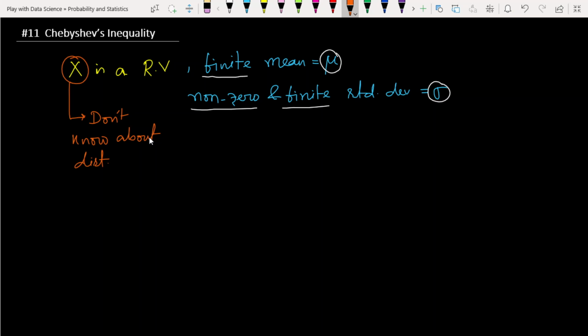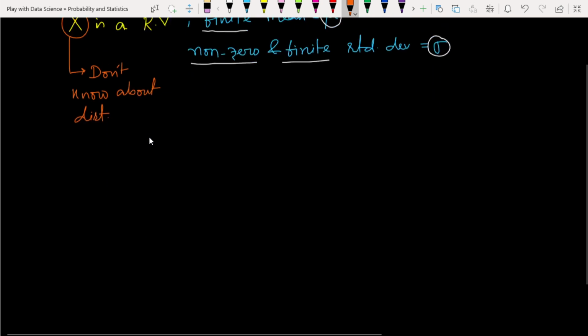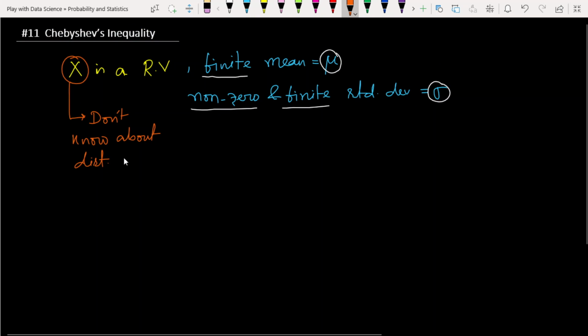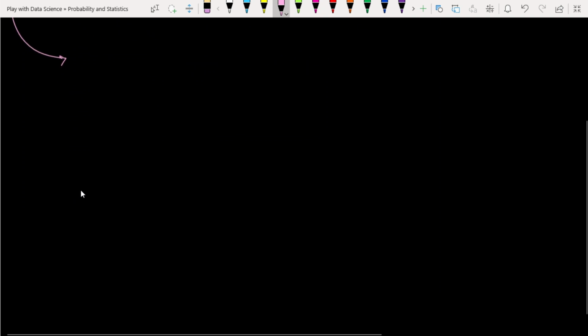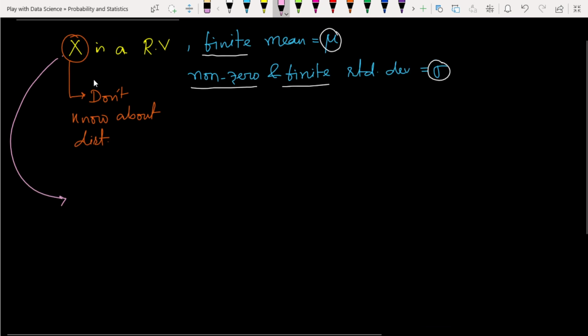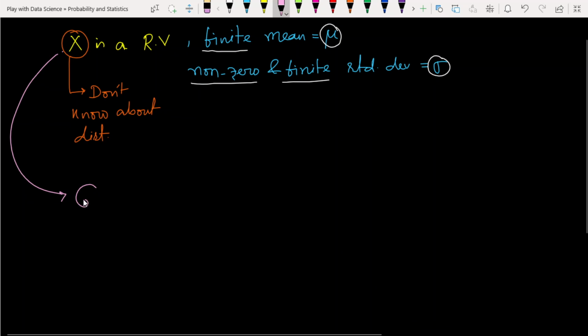Let's just recap the previous thing we have. Suppose we know the distribution, for example that X follows the Gaussian distribution.